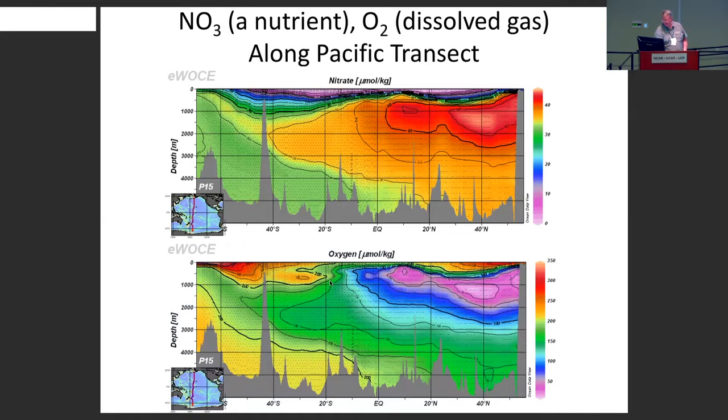And like the large scale circulation impacting nitrate, there's a large scale circulation impact on oxygen.